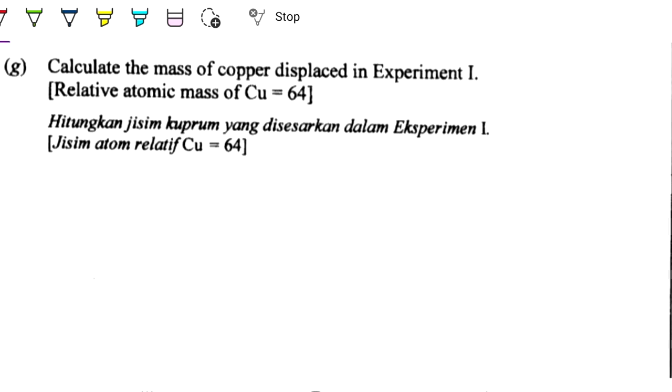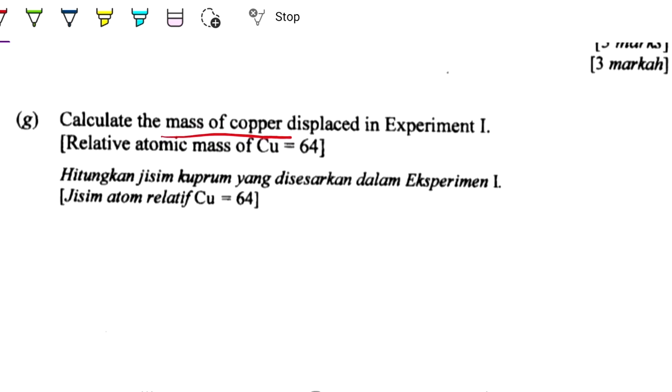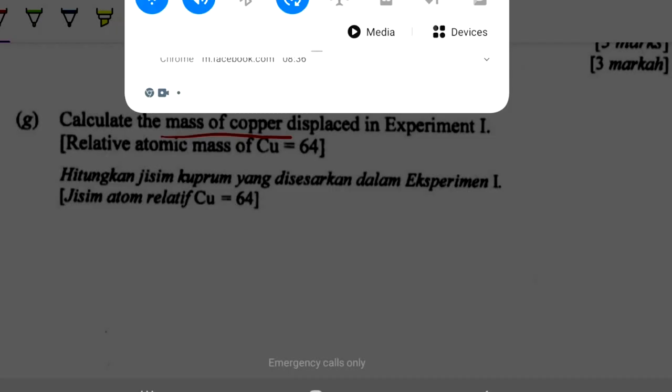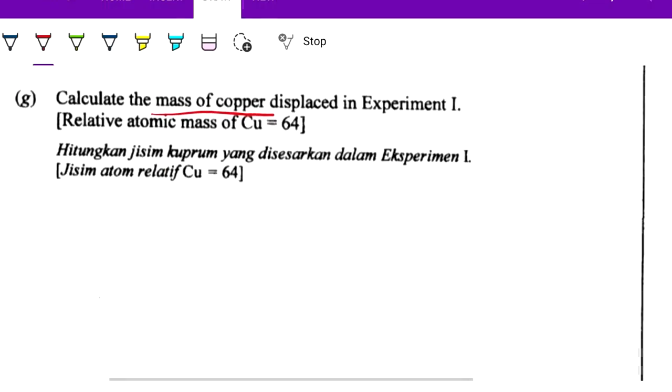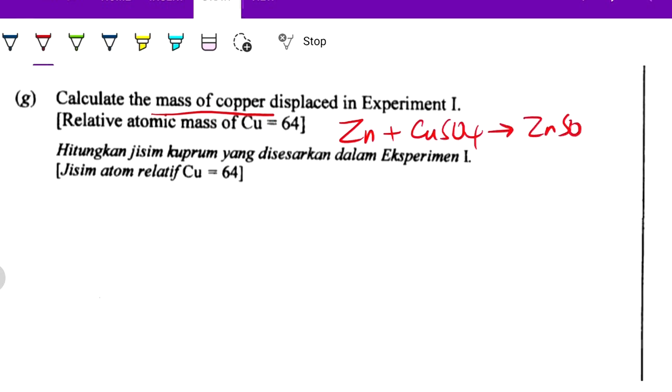Then calculate the mass of the copper displaced. G, calculate the mass of the copper displaced in experiment 1. First, we write out the equation. In experiment 1, zinc reacts with copper 2 sulfate to form zinc sulfate and copper.